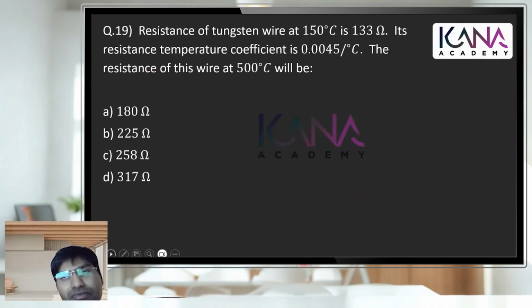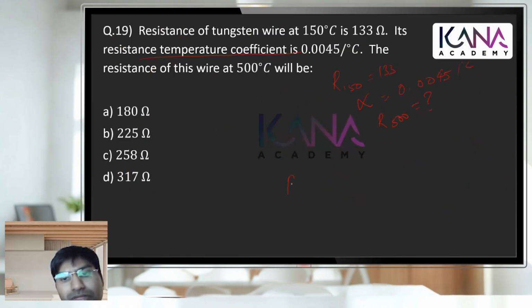Another question, again resistance based. They've given R150 as 133 ohms, and the resistance temperature coefficient alpha as 0.0045 per degree Celsius, and we need to find R500.